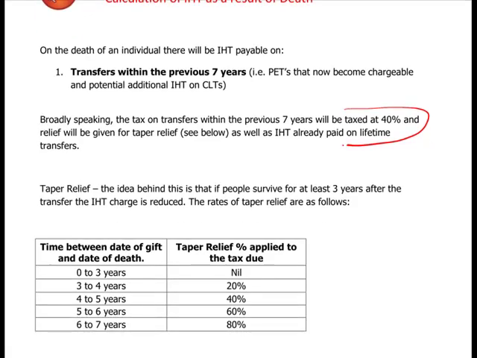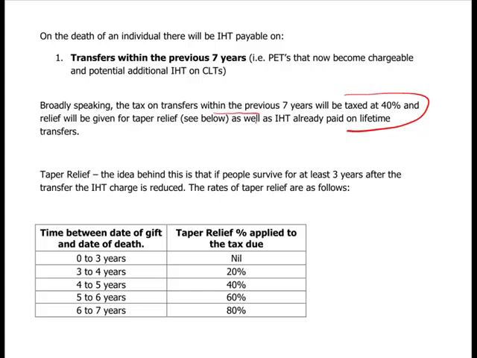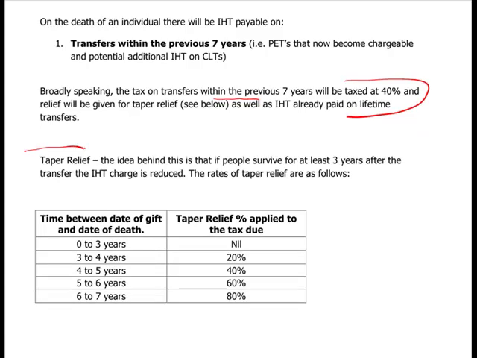There is, however, when you're looking back seven years before death, a consideration about taper relief. Clearly it would be a bit unfair to tax it all at 40% if someone died 6 to 7 years ago.